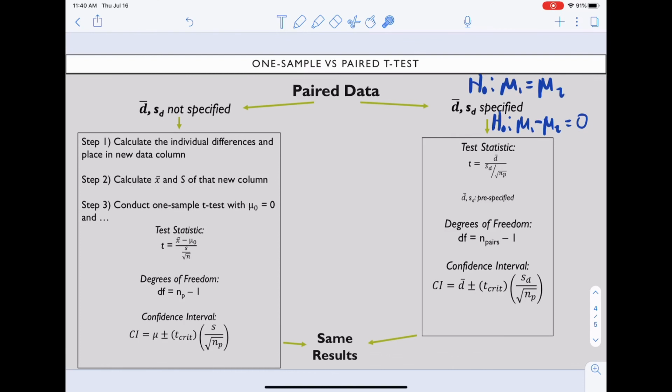Oh, yeah. So in the homework, there is one bonus question that does this. The first question is about airline pilots and reaction time or something like that. It's real data. The first example is that you're given the difference and the sample standard deviation of the differences, and then all you have to do is plug and chug.